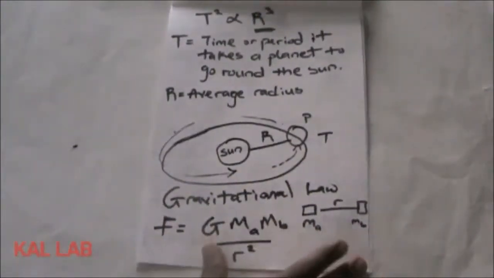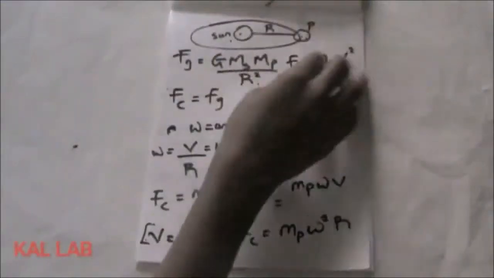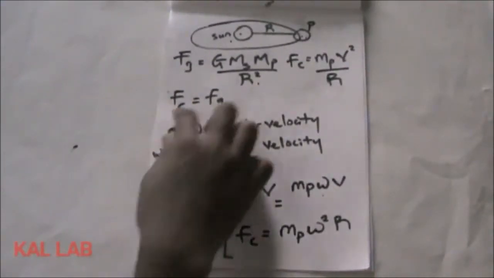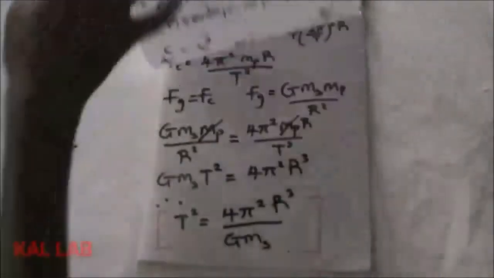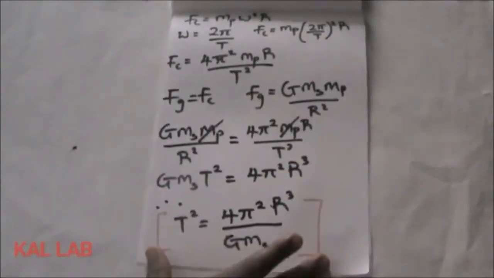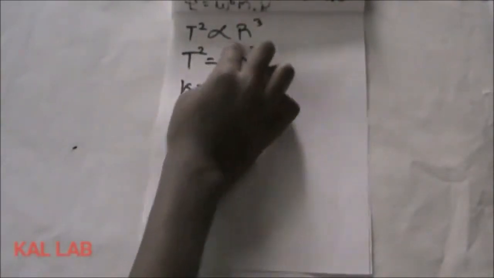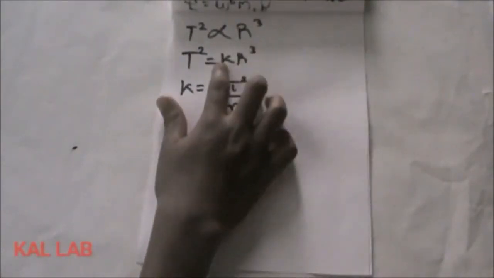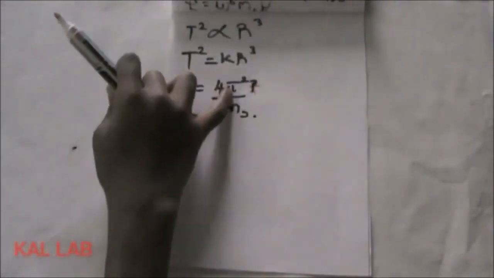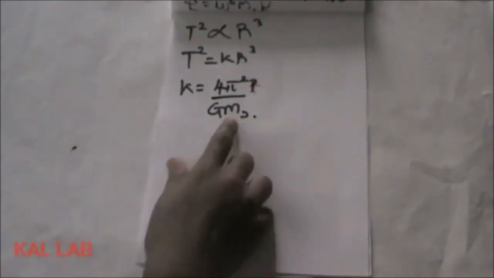Using the gravitational law, which we are all conversant with, and the fact that the gravitational force is equal to the centripetal force, we could derive this, and finally, using mathematical technique and substitution, we proved that truly T squared is directly proportional to r cubed, and the value of the constant is 4 pi squared over G Ms, where Ms is the mass of the sun.